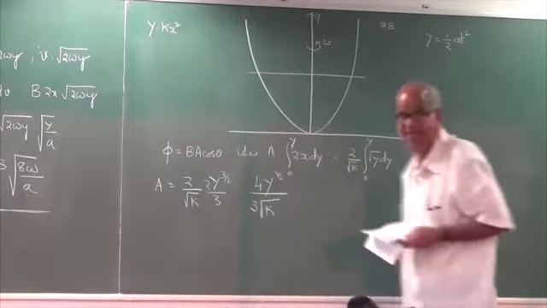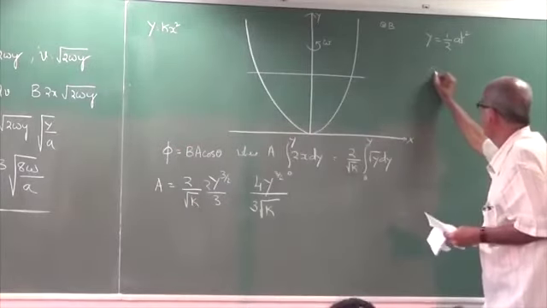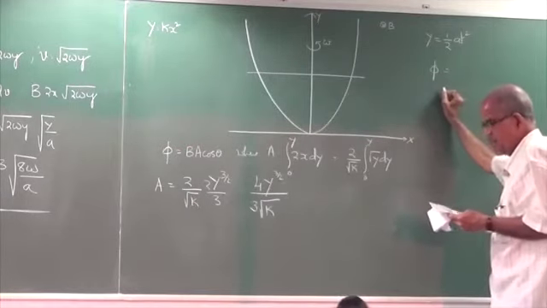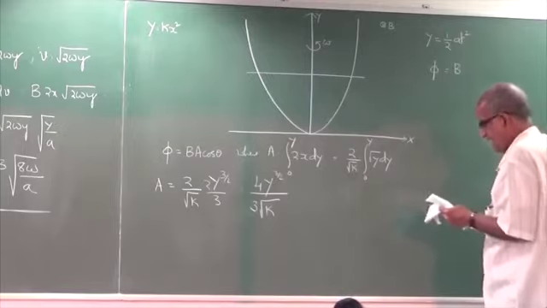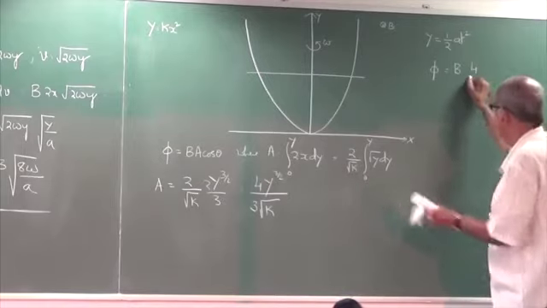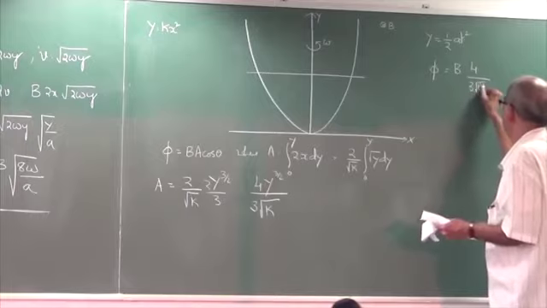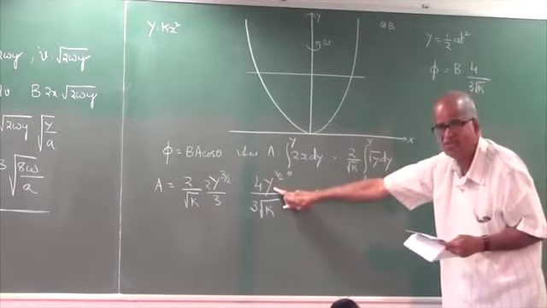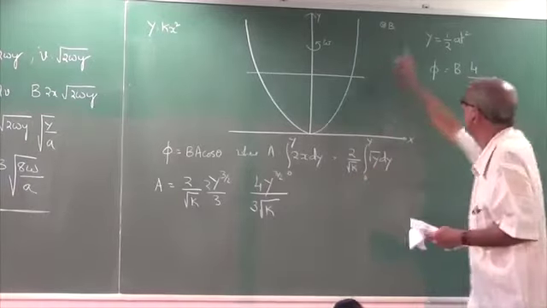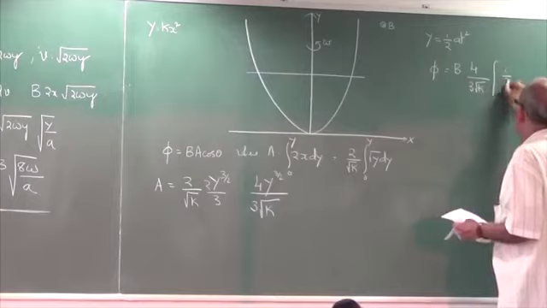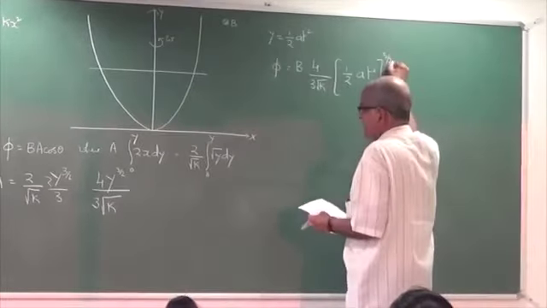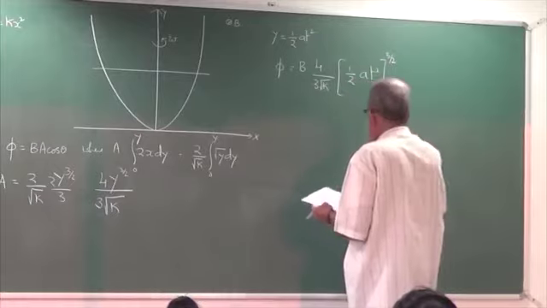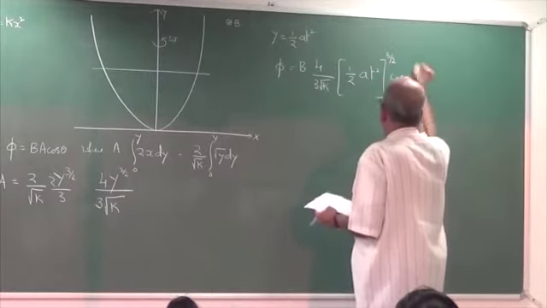Will you agree? So that now you can write phi is equal to B into A. How much is A? 4 by 3 root k into y power 3 by 2. What is y? Half a t squared power 3 by 2 into cos theta.